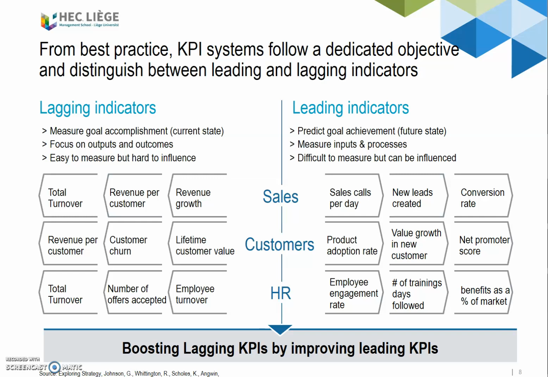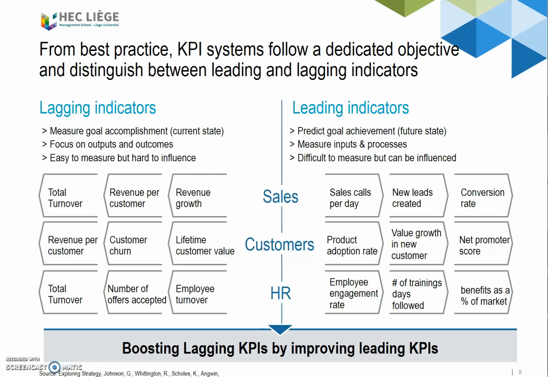And actually, this one is much more interesting, because you can boost lagging KPIs by improving leading KPIs. If you tell them to make more calls, then you have probably a chance that your turnover will increase. So working on leading indicators, you have much more grip on them, and you can influence them much more directly and much more easily.